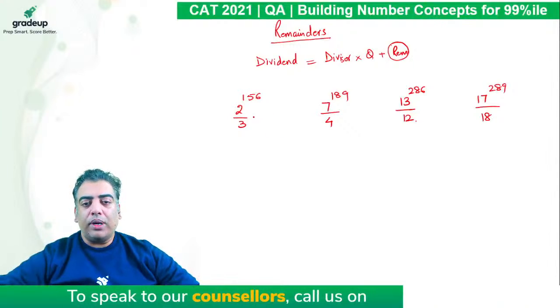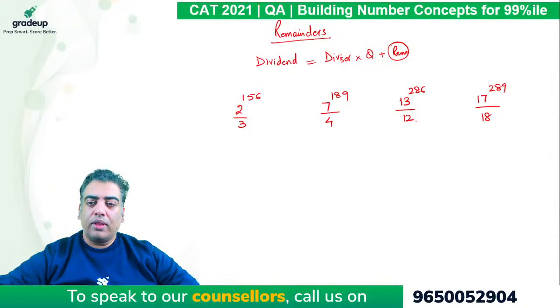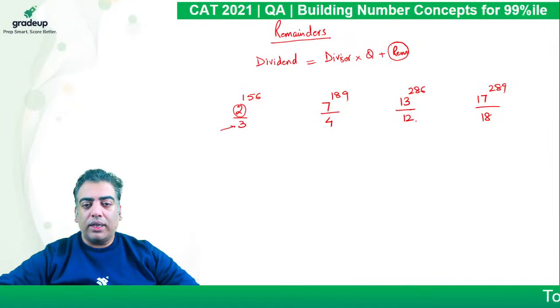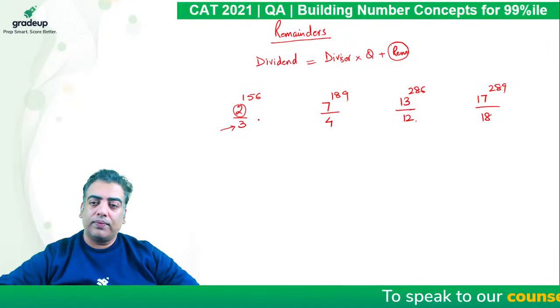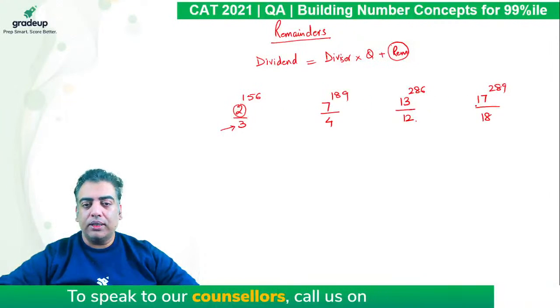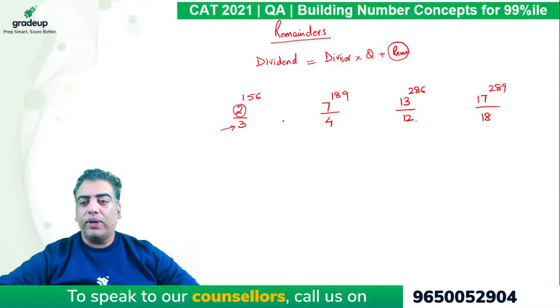So whenever you come across questions like these, our first objective is to study whether this number is one more than or less than the divisor or not. Like in all these examples, I have given you numbers which are one more or one less than the divisor.